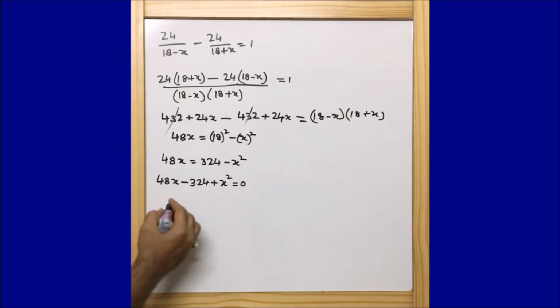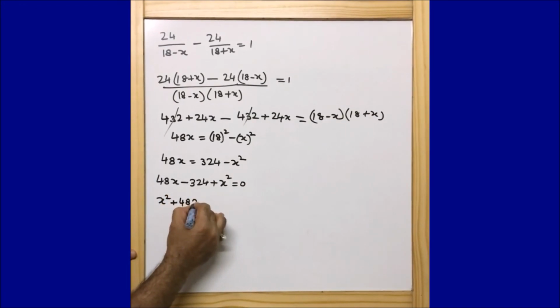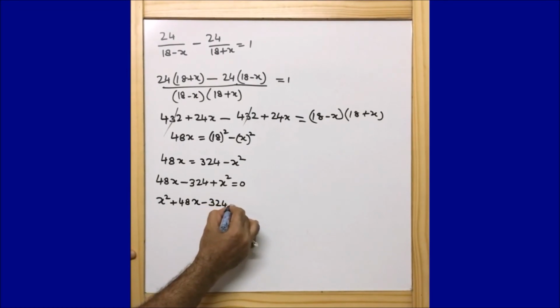Now rearranging the equation, I can write x to the power 2 plus 48x minus 324 is equal to 0.